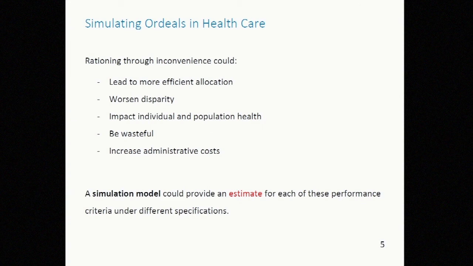We talk about the impact of ordeals on these outcomes, but now we can measure them and we can assign numbers to these criteria. And also it makes us think about what do we mean by efficiency, as pointed out in the panel.